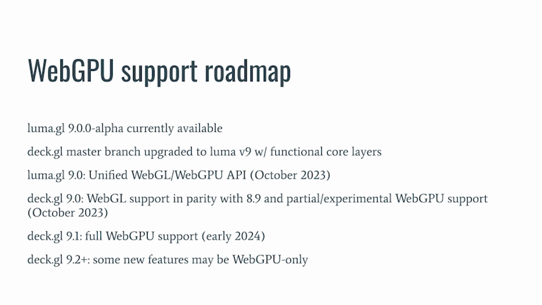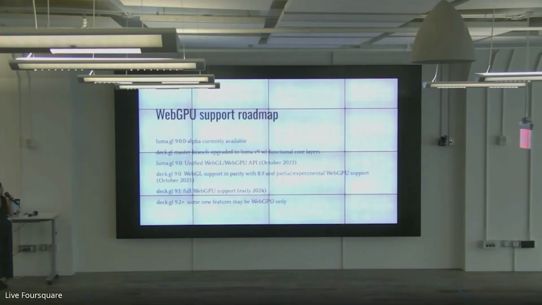In the next major release later this year, together with Luma, DeckGL will aim to have the same level of WebGL support as 8.9. So it's mostly going to be not noticeable for most applications, but that represents a significant amount of code change under the hood, and that will allow us to move to WebGPU faster.